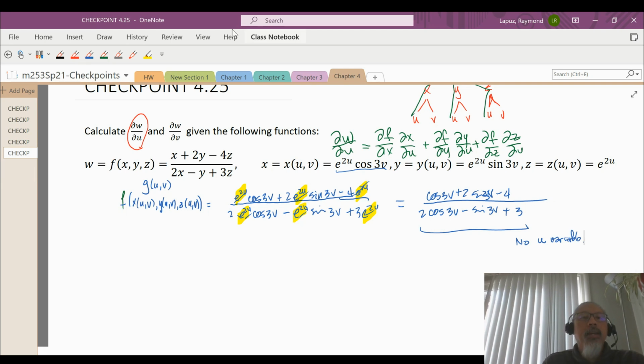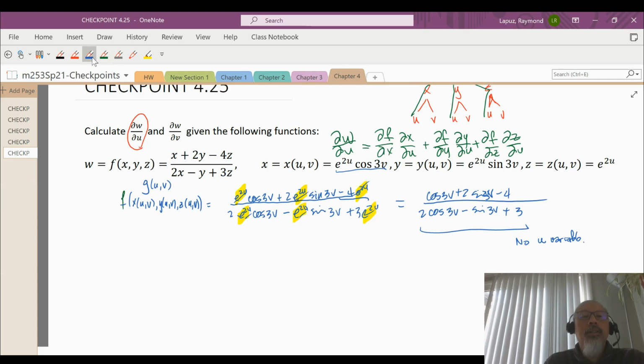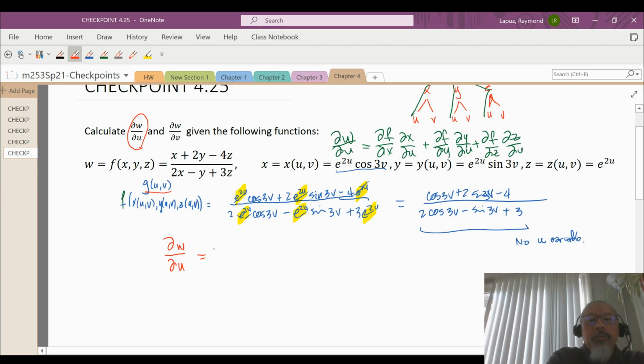So that's interesting, because in the previous checkpoint we saw that the derivative became 0, and this is exactly what would happen if you tried to take the derivative of w with respect to u, and that's essentially taking the derivative of this function with respect to u, and there are no u variables here, so that is just 0.